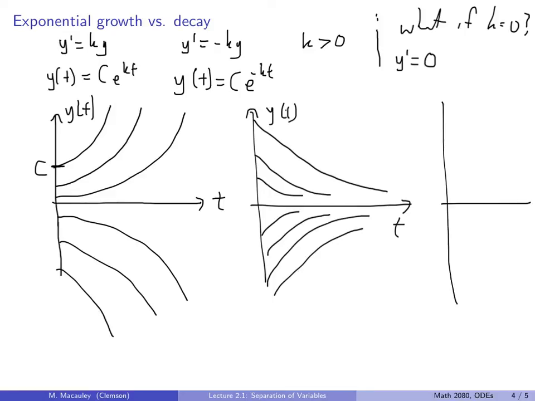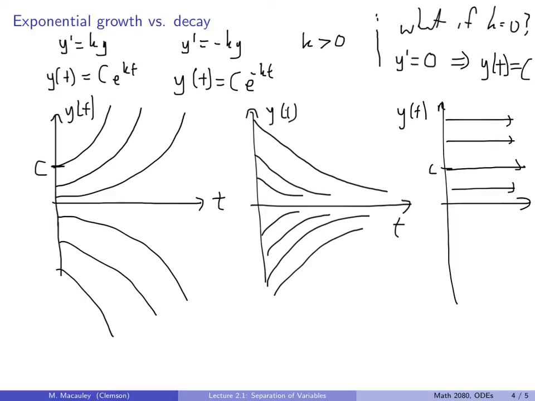So we can, again, plot the solutions to these constant functions. This solution here is just y of t equals c. And again, that's just a very basic first semester calculus problem. So if c is right here, we just go straight across like this.